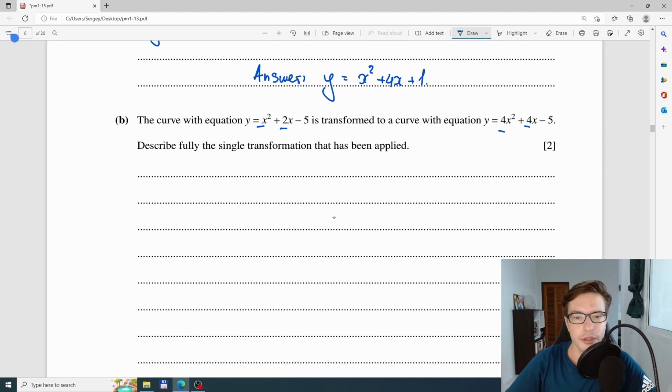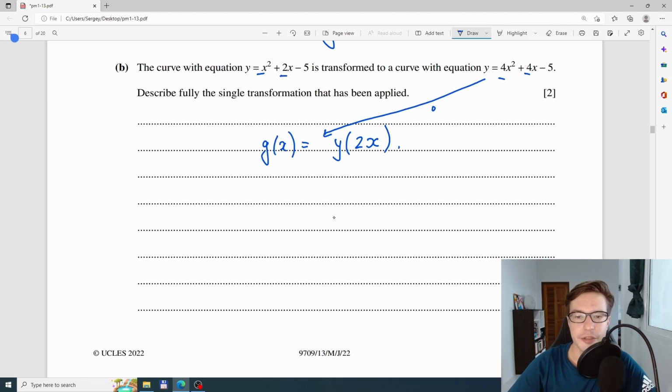But we can notice that the new function, I will call it g of x, is the old one, y, but only if you replace x with 2x. But that means our graph was stretched along the x axis, and the stretch factor is 1/2. So that's basically what we have to write.